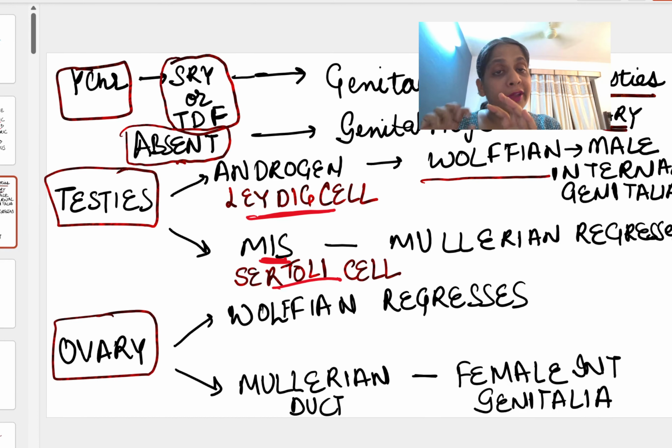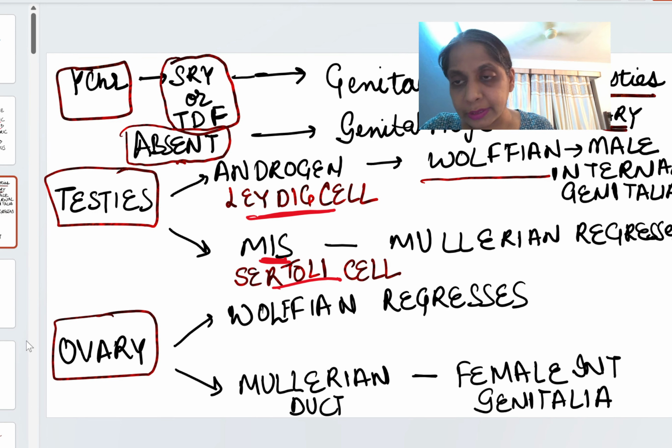And when the Y chromosome and its derivatives are absent, then by default this whole structure gets converted into female internal genitalia. Needless to say, the Y chromosome is a sex determining chromosome. So this is what happens.